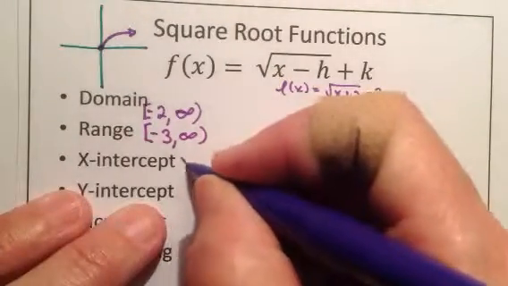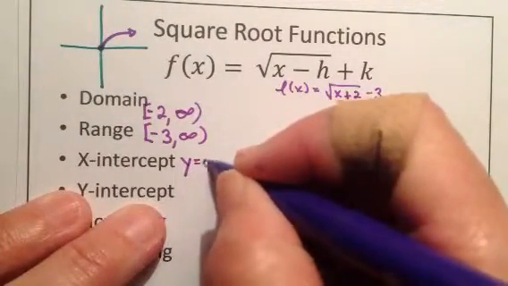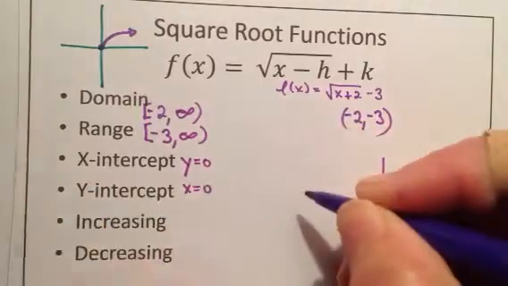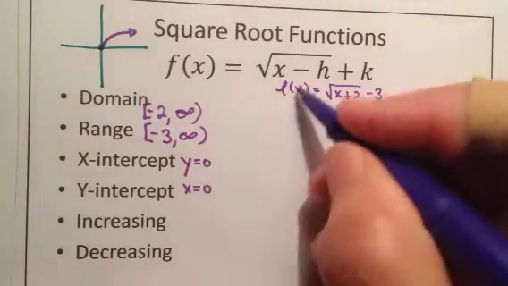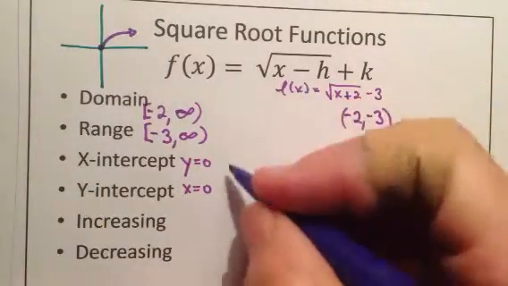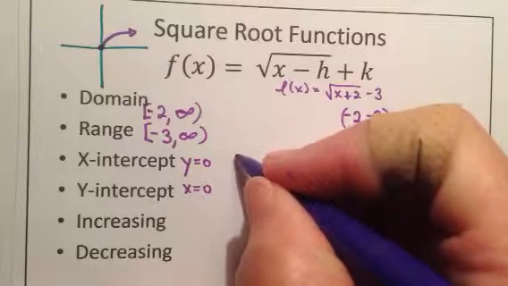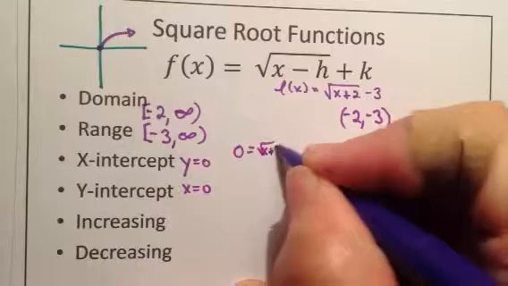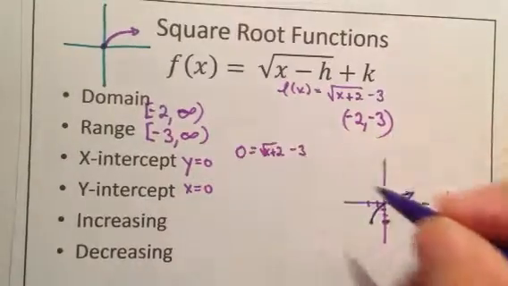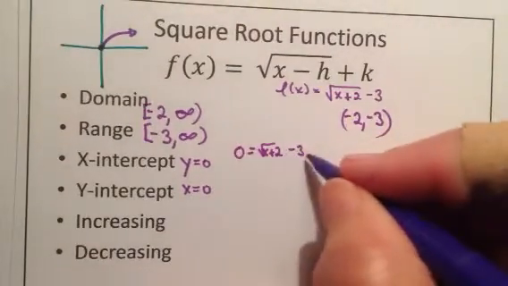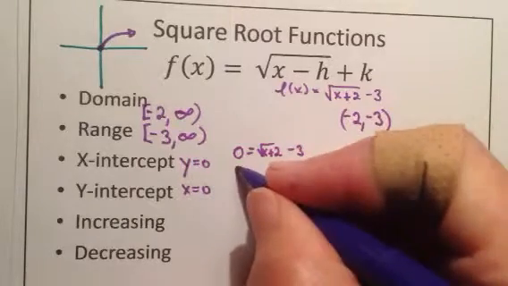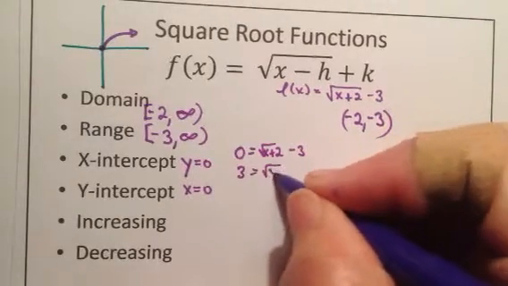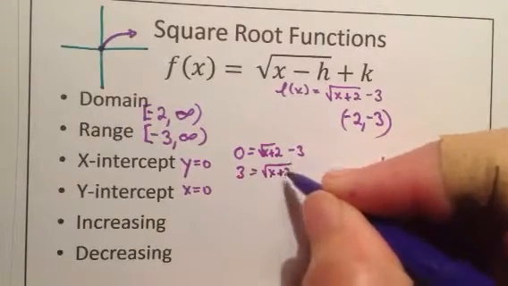My x and y intercepts, just like always: y equal to 0, x equal to 0. So for this f of x, I plug in 0 for f of x, and I'm going to get 0 equals the square root of x plus 2 minus 3. Before I can square both sides, I have to get rid of that 3. So I'm going to have 3 equals square root of x plus 2.